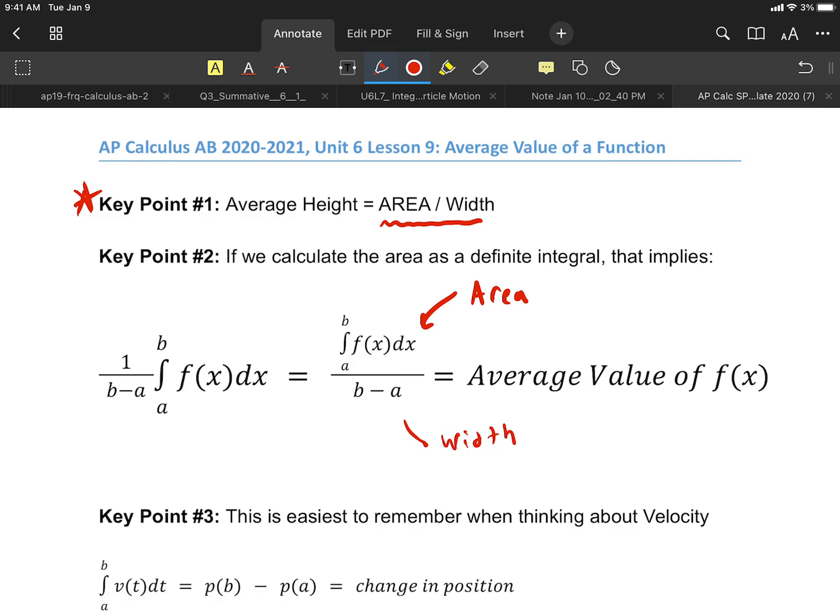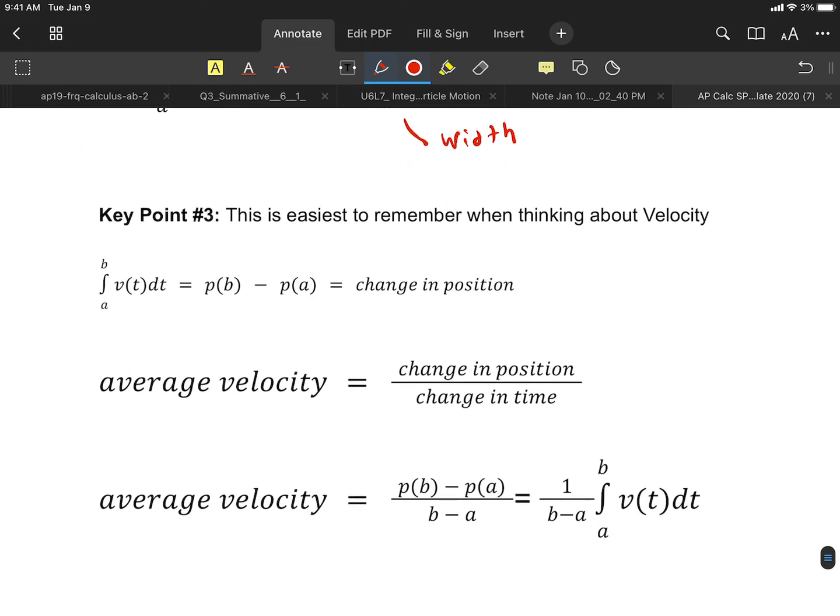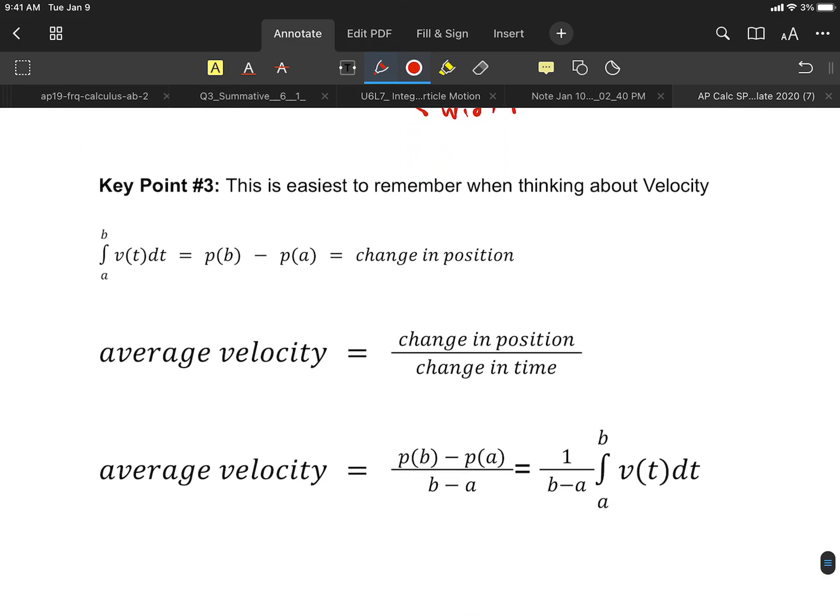If you think about this in terms of position, velocity, and acceleration, this is the easiest way to remember it. If I take the definite integral of the velocity function, the fundamental theorem of calculus tells us that this is position b minus position a, right? It's the antiderivative. Well, position b minus position a is change in position.